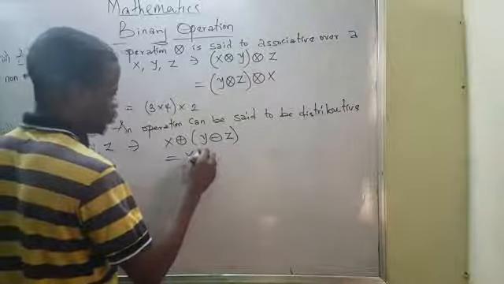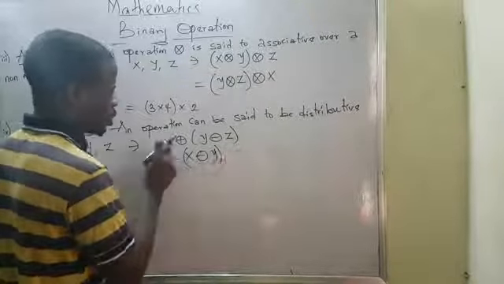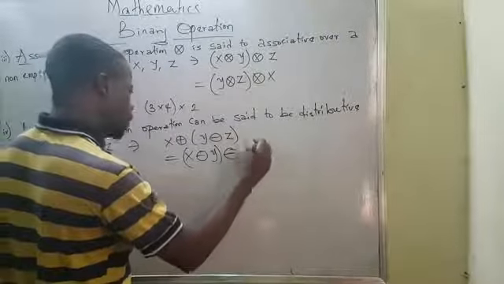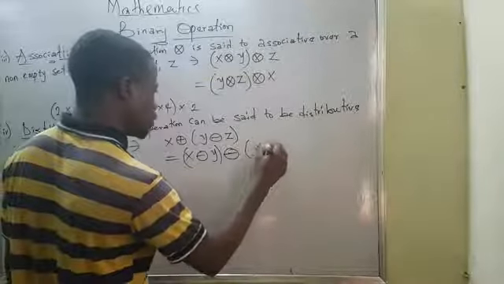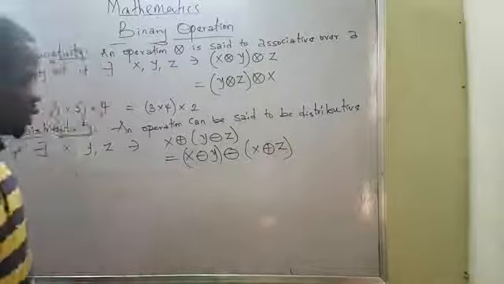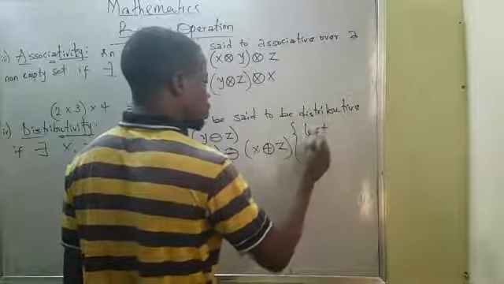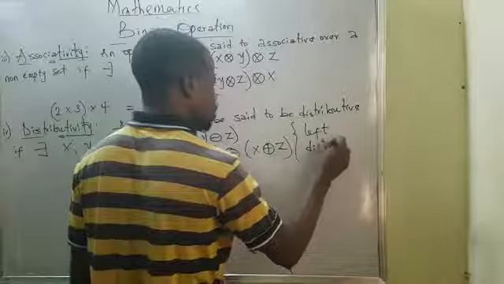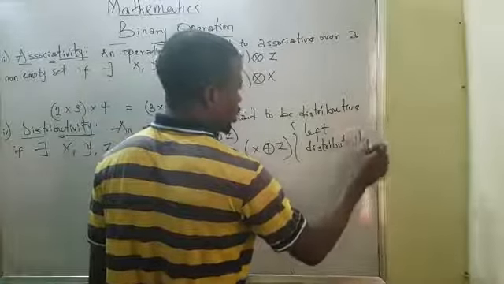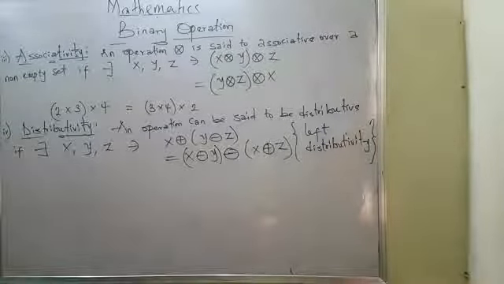it should be equal to x, open this, then you have this outside, then you have x operate y, x operate z. So this is what we call the left distributivity. So this is distributive to the left.